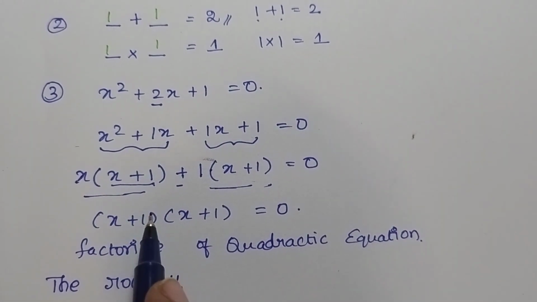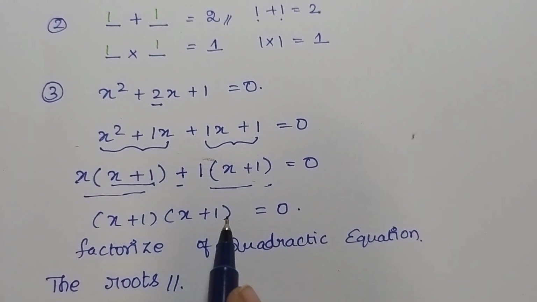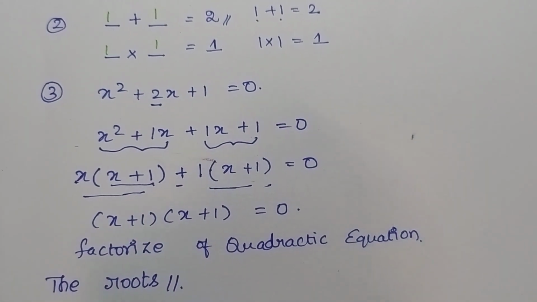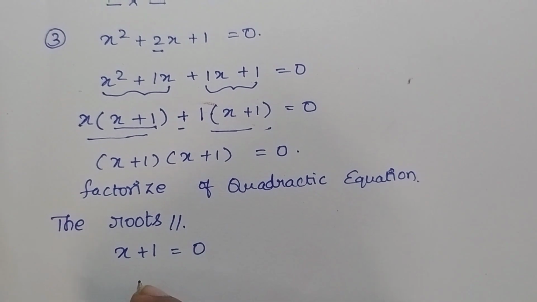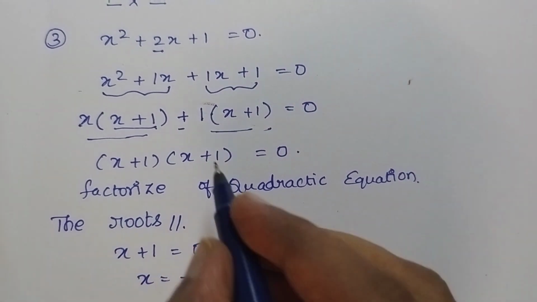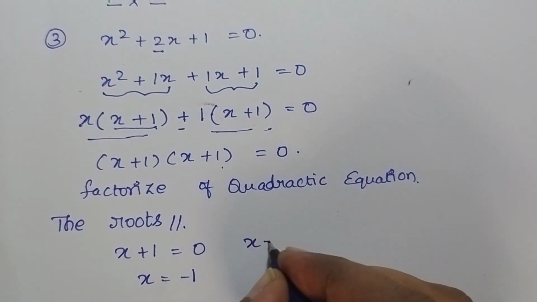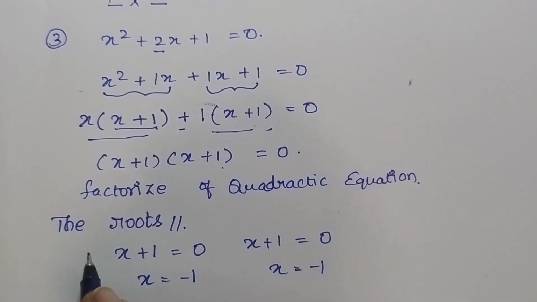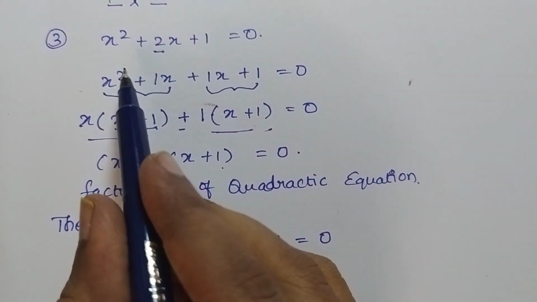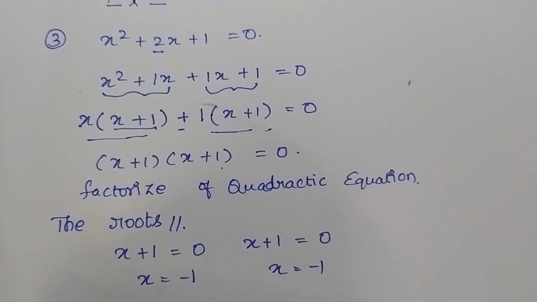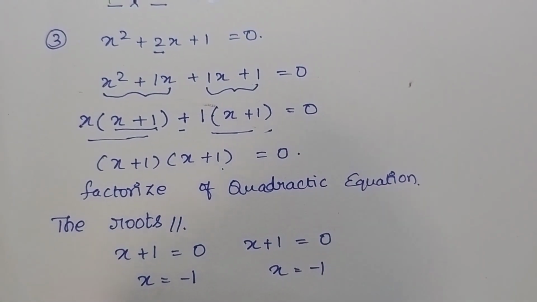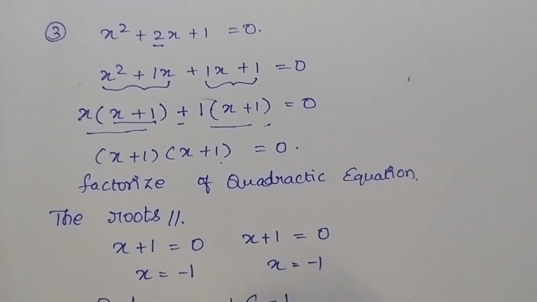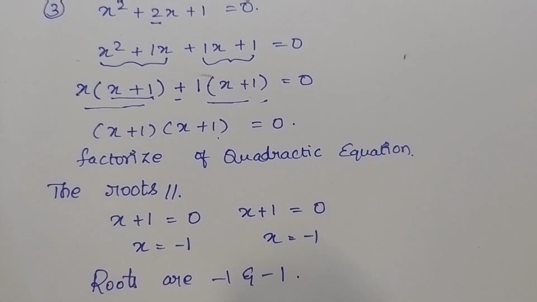This x plus 1 is equal to 0, then x is equal to minus 1. For the other x plus 1, that is also equal to 0, then x is equal to minus 1. So the roots of this quadratic equation are minus 1 and minus 1. Okay. Did you get it?